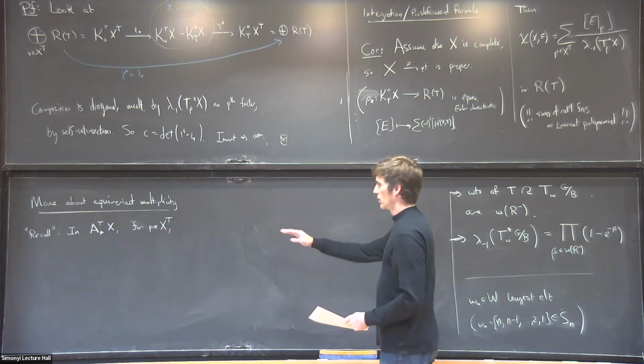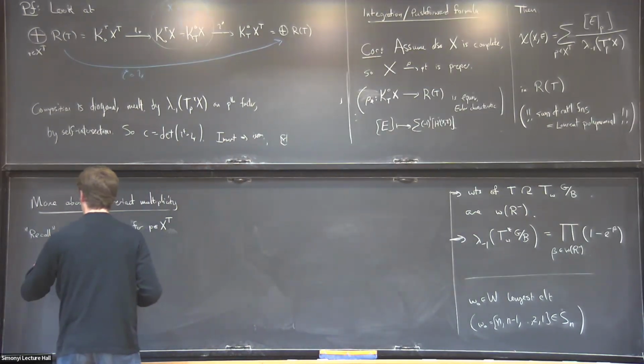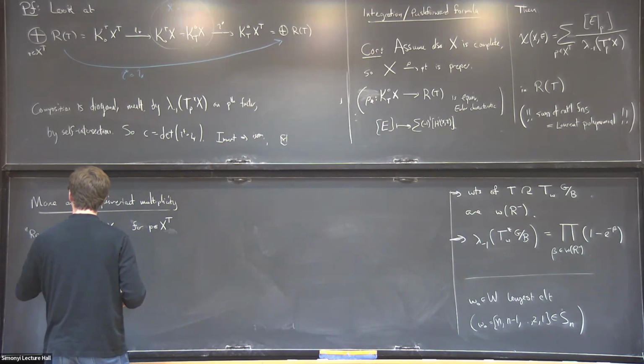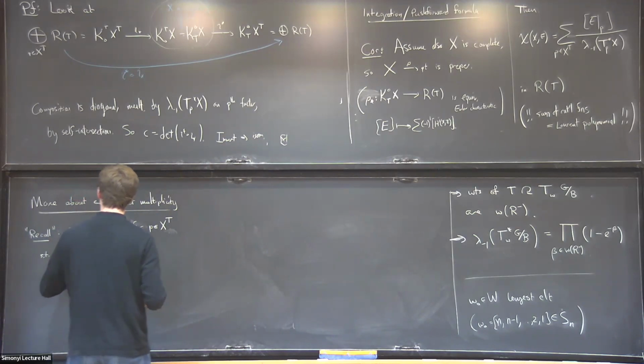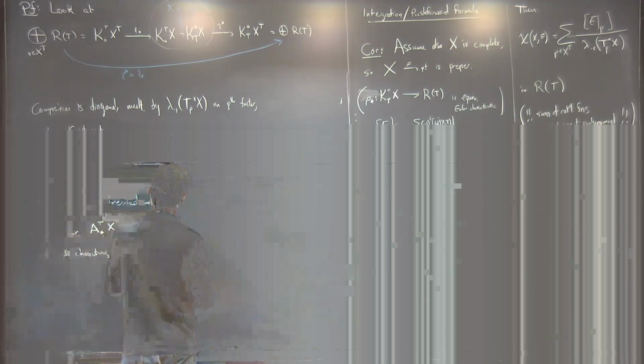So you may need some hypothesis, like, let's make the hypothesis such that all characters on the Zariski tangent space are non-zero, you can write.